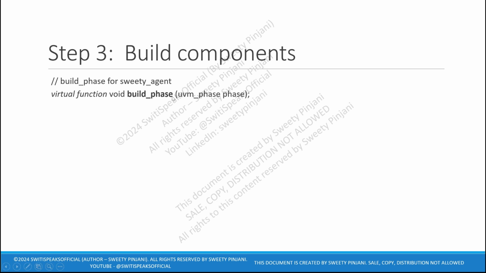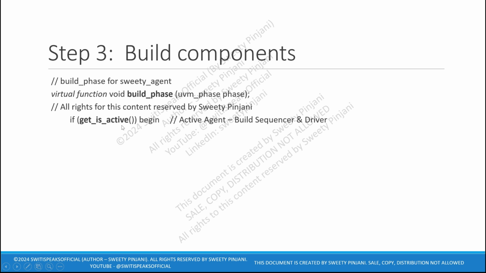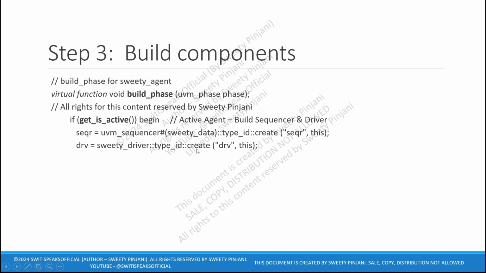This build happens in the build phase, again depending on the agent type. That's why I'm calling get_is_active, which will tell whether my agent is active or passive. If the agent is active, then I'm creating my sequencer, and the sequencer is parameterized by Sweetie data, and I'm creating my driver.